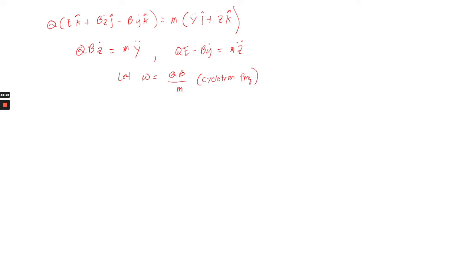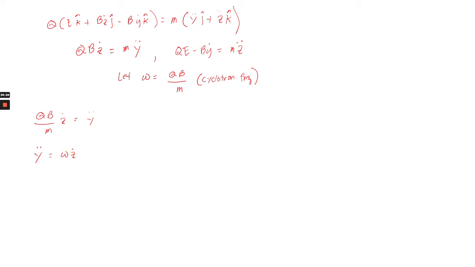So you have qB over m times z dot is equal to y double dot, or y double dot is just omega z dot.